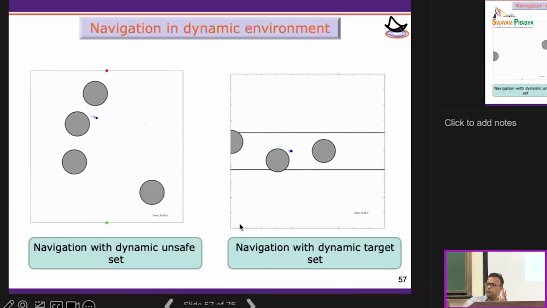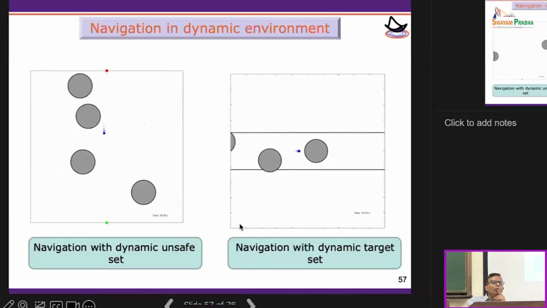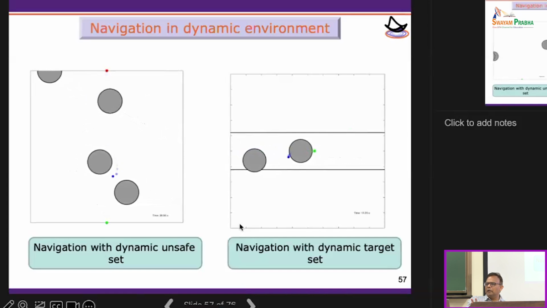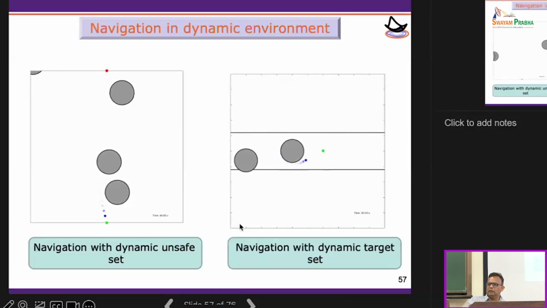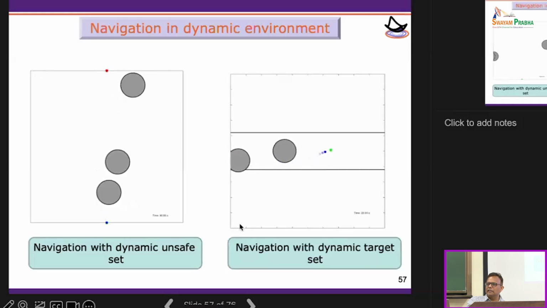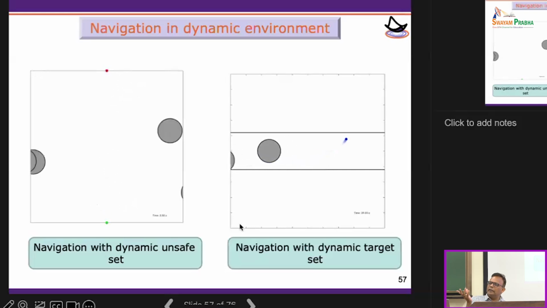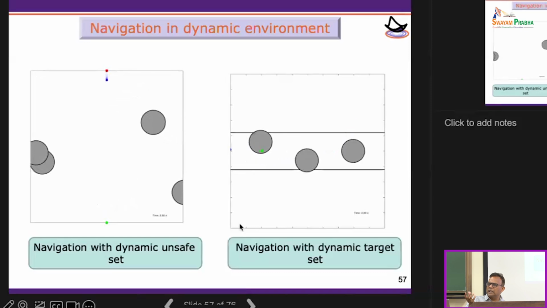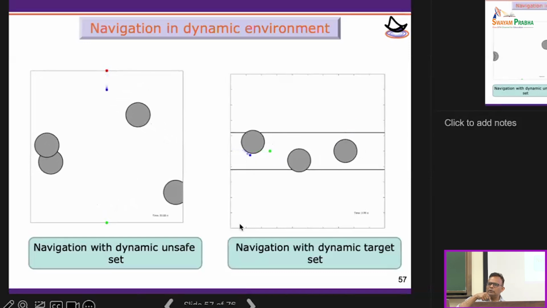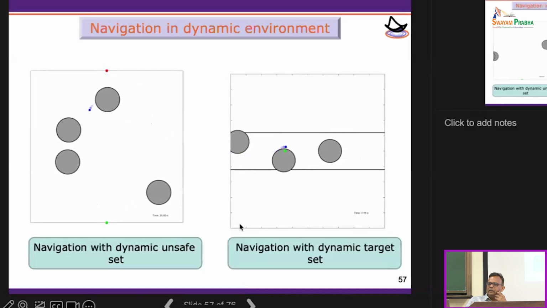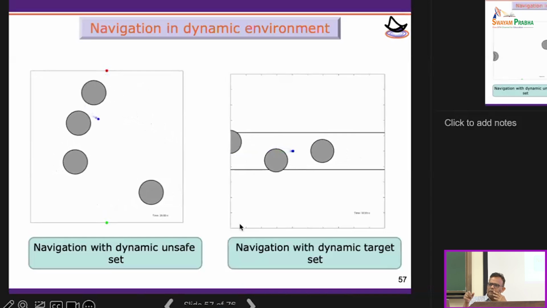There may be some issues when you are dealing with a very weird shape of obstacle set. A highly non-convex shape of the obstacles can trap you inside the unsafe set, just like we had that horseshoe example.